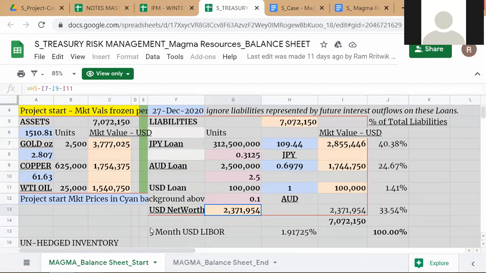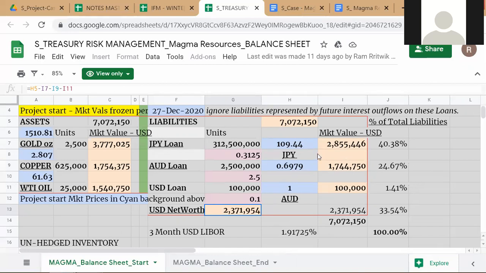When you look at liability values, remember that the balance sheet always is in some currency or the other. In this case, it's a US dollar balance sheet, but many of these are other currencies like yen, Aussie, and so we have to keep showing these as dollar equivalent values. That's why the exchange rate becomes important between the two currencies, the dollar yen, Aussie dollar, Aussie US, etc. These exchange rates are important, and these are all US dollar values.